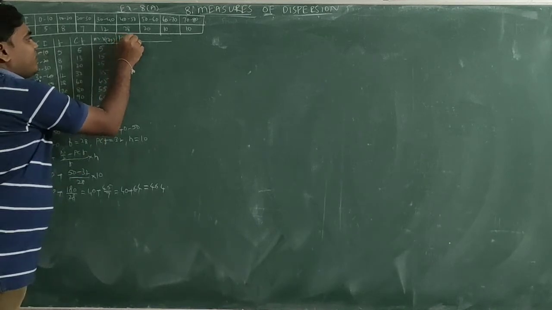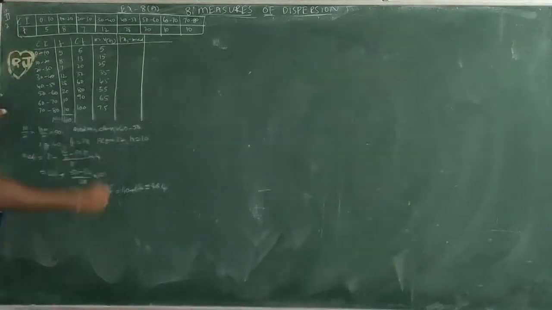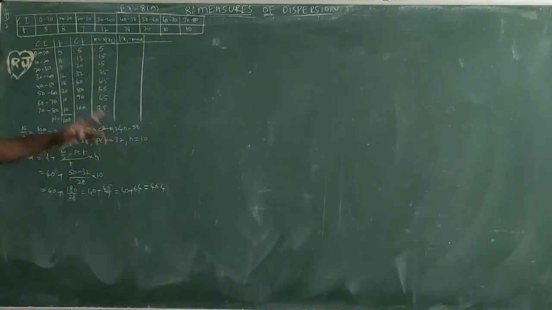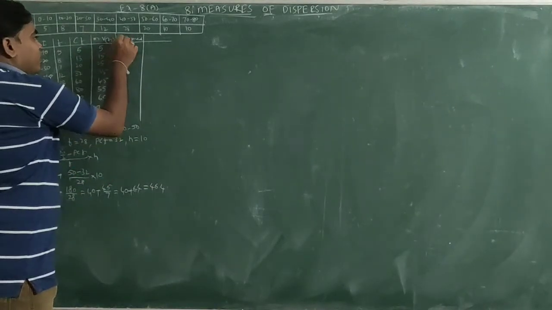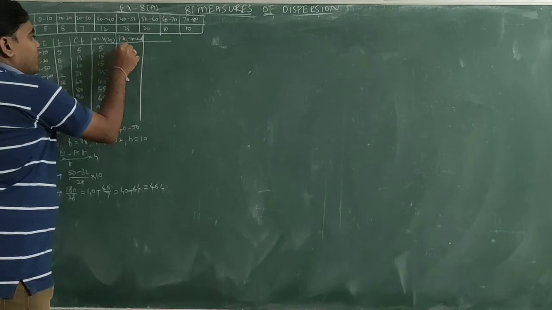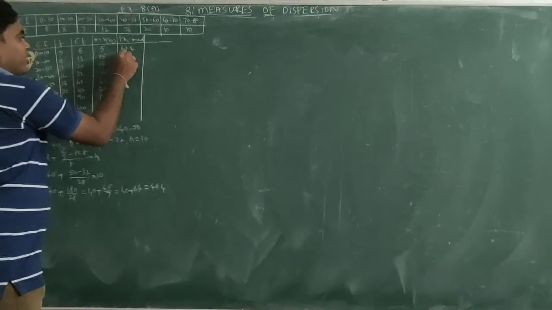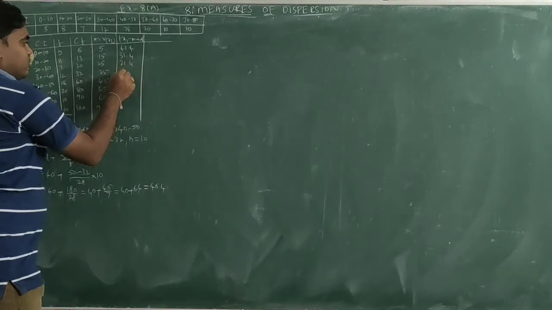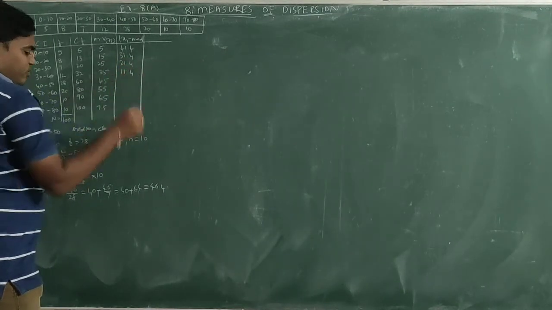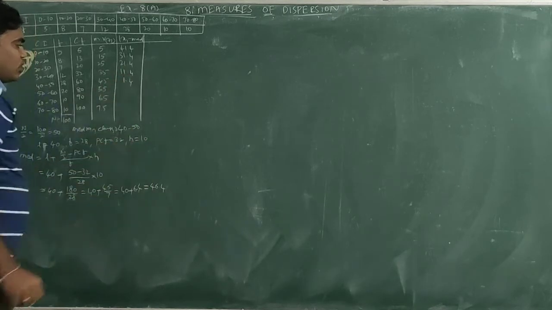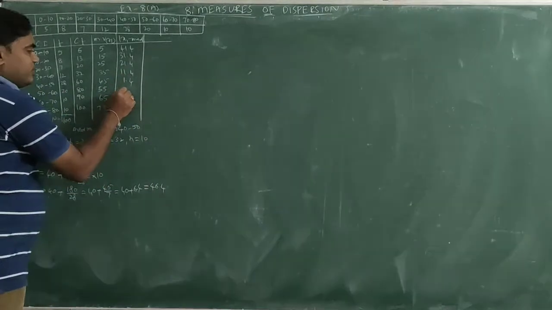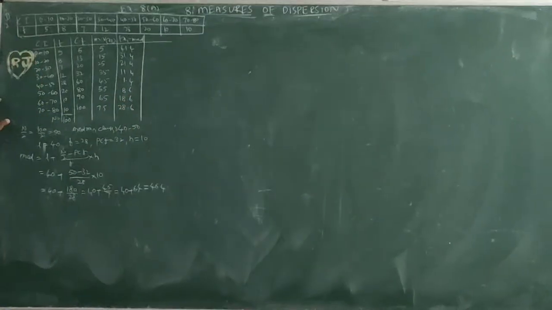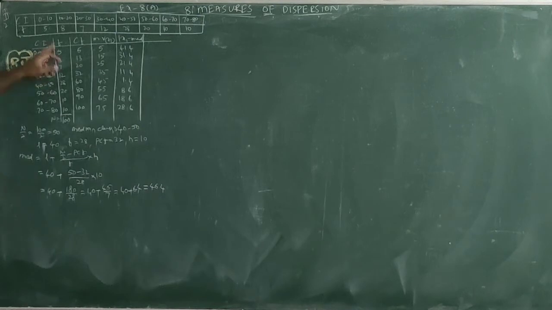Now modulus of xi minus median, subtracting 46.4 from each mid value. 5 minus 46.4 is 41.4 in modulus, then 31.4, 21.4, 11.4, 1.4, 8.6, 18.6, 28.6.